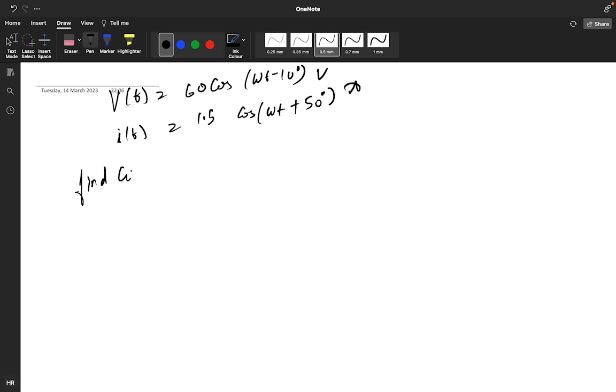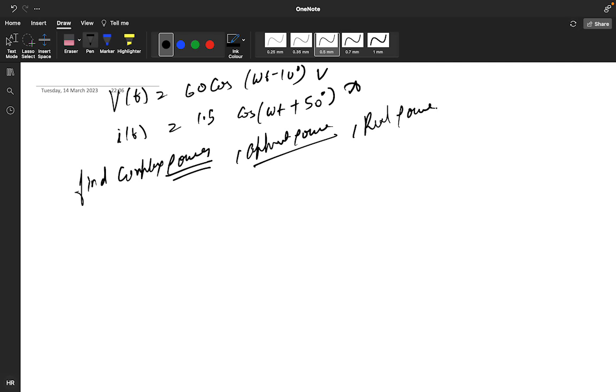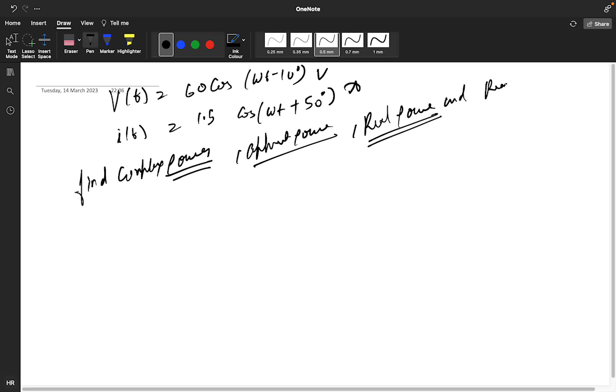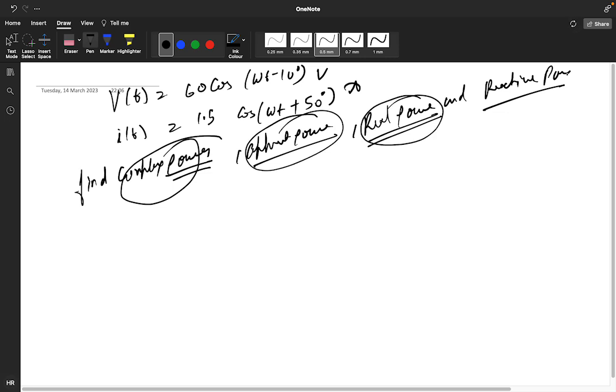Find the complex power, apparent power, real power, and reactive power. You need to find the complex power, apparent power, real power, and reactive power. You have 5 minutes, just solve this question and tell me the answer.